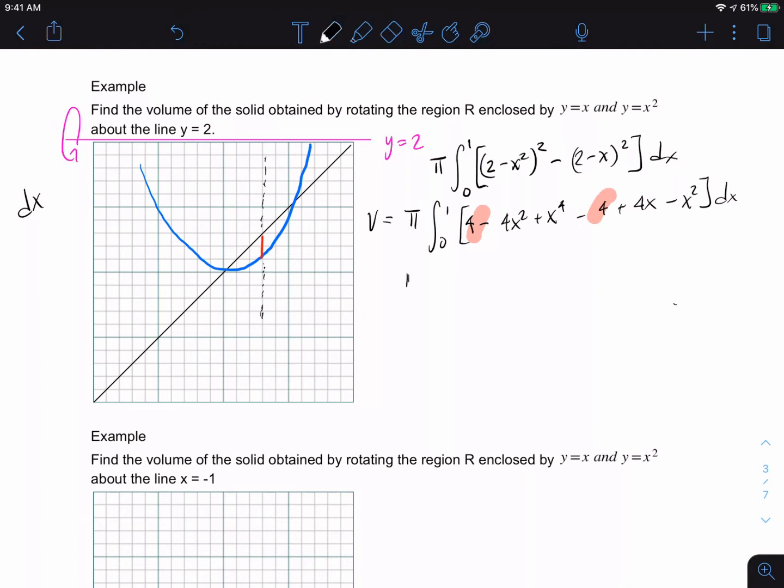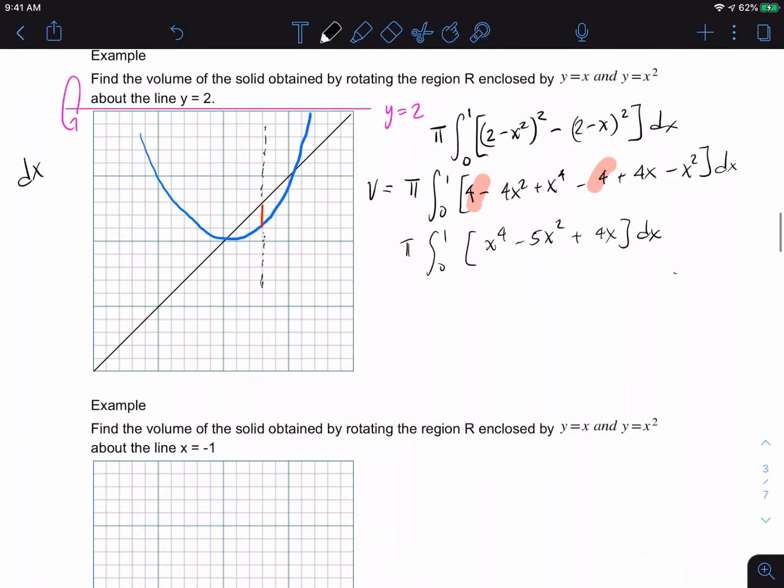So I'm going to get pi times the integral from 0 to 1 of x to the 4th minus 5x squared plus 4x. Right?